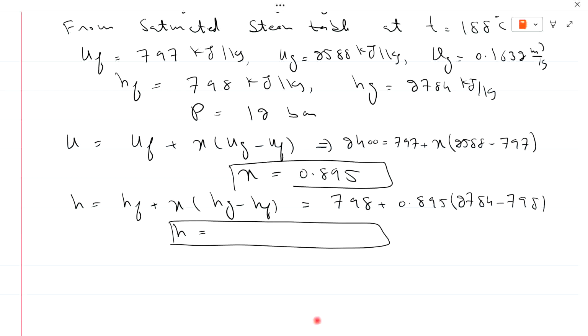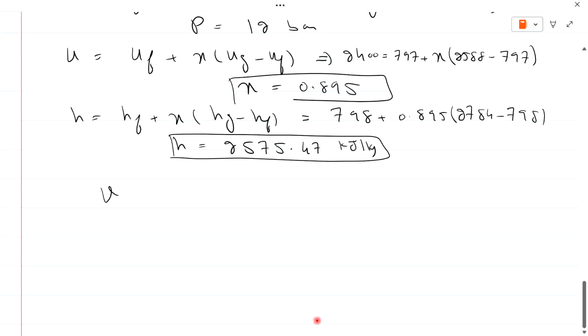So the value of h will be equal to 2575.47 kilojoule per kg.